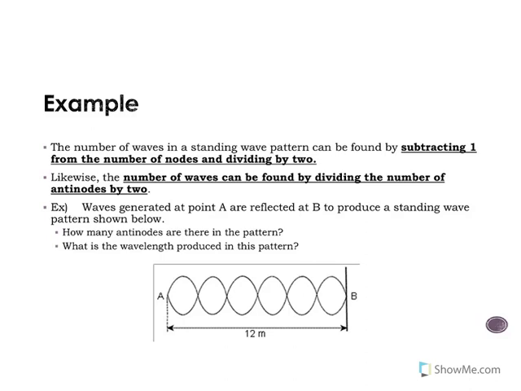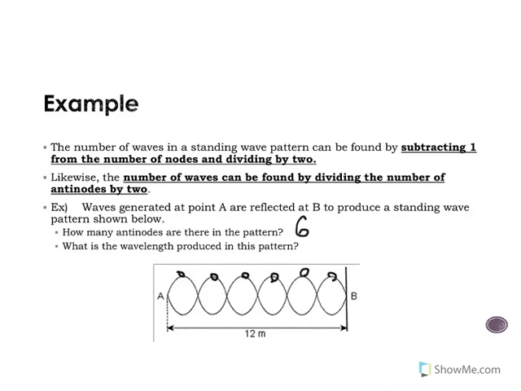So just like it said above, the number of waves can be found by dividing the number of antinodes by 2. So we can say that the number of antinodes in this problem is 1, 2, 3, 4, 5, 6.